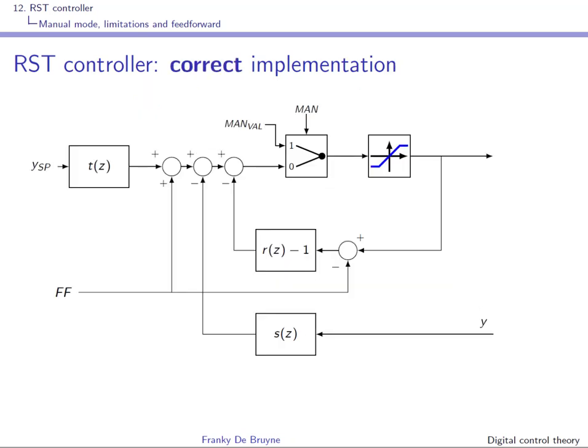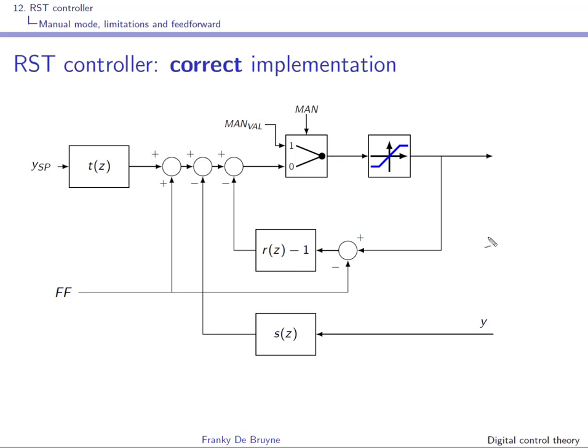So what we have done here is take the previous implementation and we have added saturation, and we have added the manual mode. Remember that the manual mode is that when this Boolean input is set to 1, this input is selected and this input comes from the operator. So in manual mode, the operator is actually imposing the controller output.